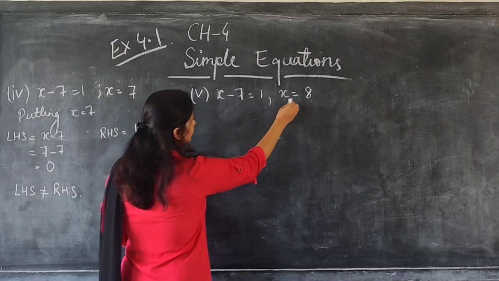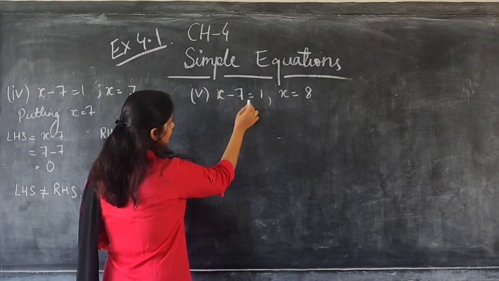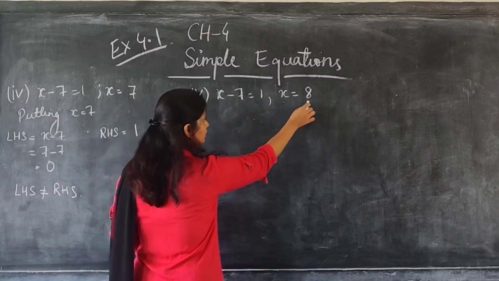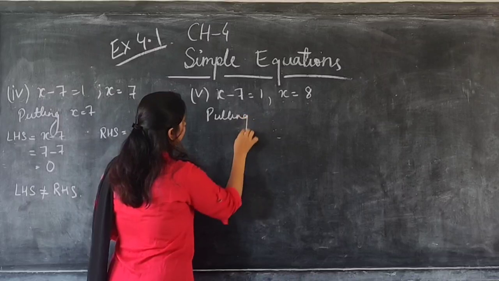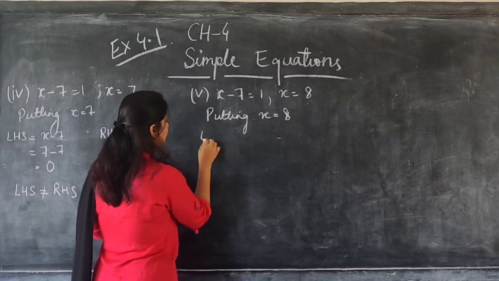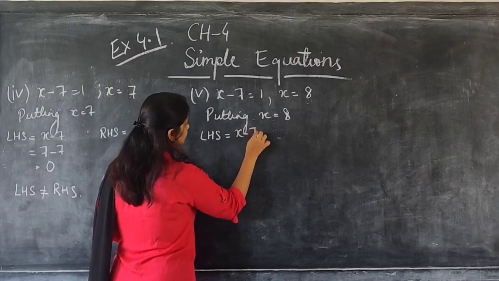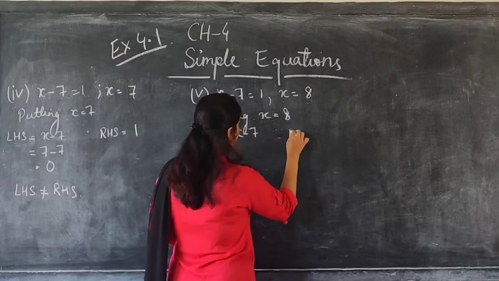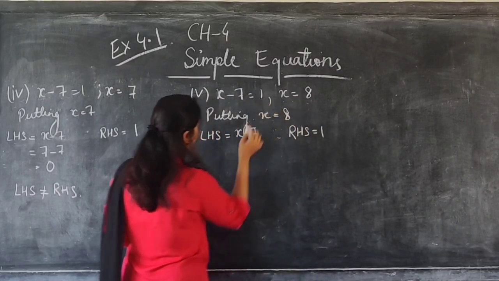Now here your x is equal to 8. Equation is x minus 7 equals 1, x equals 8. So putting x equals 8, the value of x is 8, then left hand side is equal to, write the expression x minus 7, and right hand side is equal to 1.